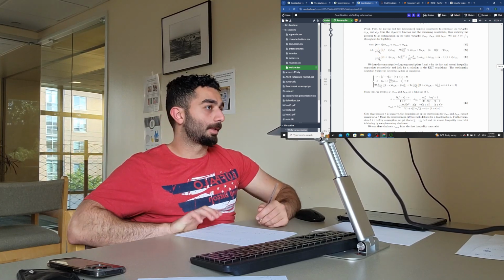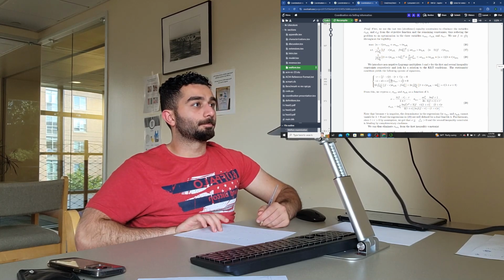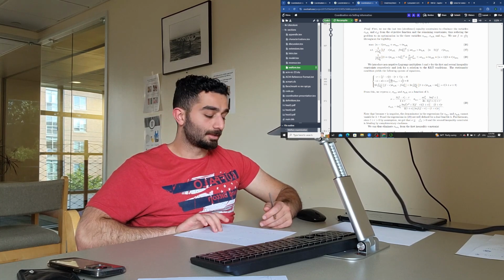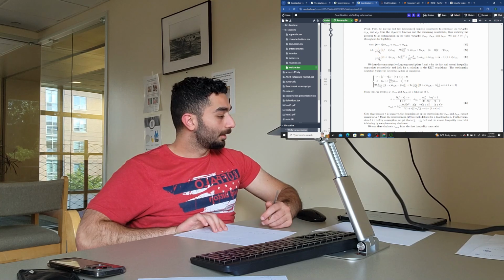We have something from that too, by the way. It means the solution is deterministic given omega and theta I.